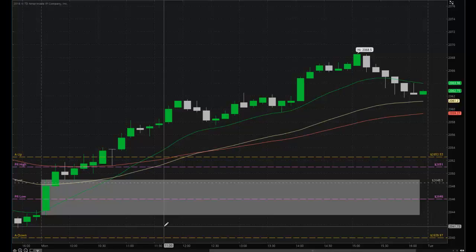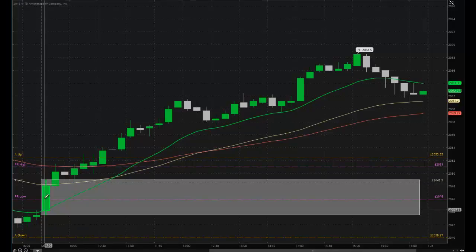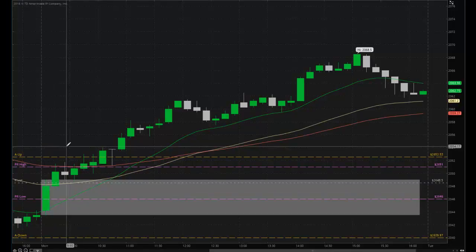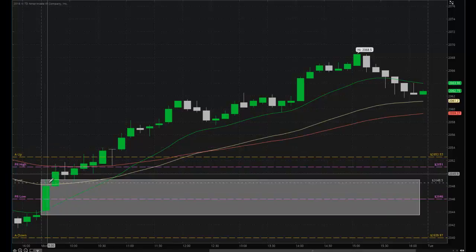Okay, so going into today, we had a close below our pivot range on Friday, so the pivot range today should have been resistance. And as we pushed up into this pivot range this morning, you could have established a short anywhere in this pivot range.